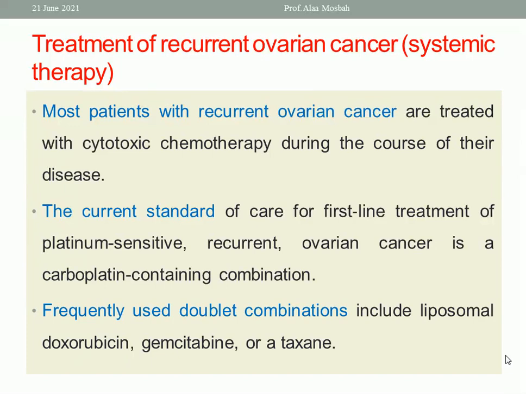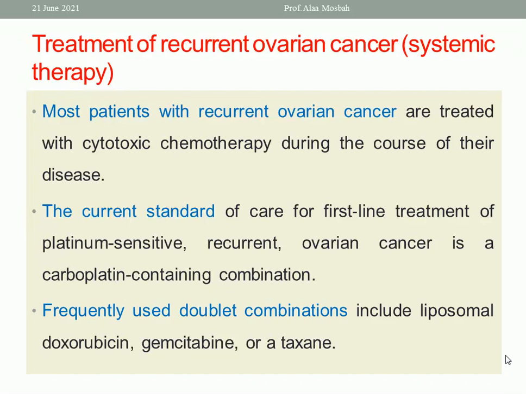Okay, what about the systemic therapy in cases with recurrent ovarian cancer? Most patients with recurrent ovarian cancer are treated with cytotoxic chemotherapy during the course of their disease. The current standard of care for the first line treatment of platinum-sensitive recurrent ovarian cancer is carboplatin-containing combination.